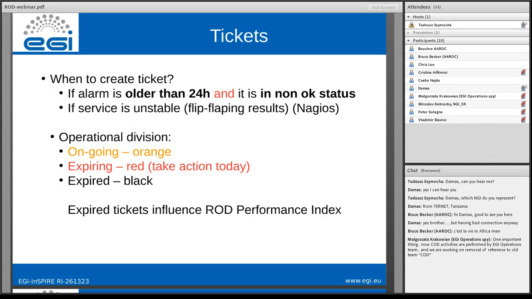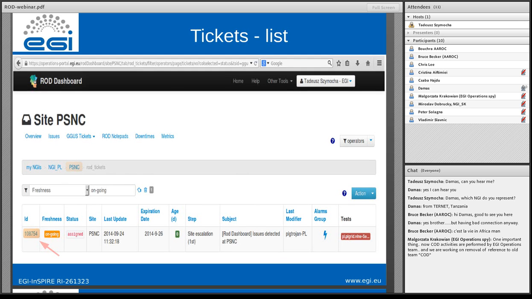Expiring, in red, so you have to take action today in order to not degrade your ROD performance index. Or expired, in black. They influence the ROD performance index, and if it happens too much, you should prepare explanations for the tickets for EGI operations.